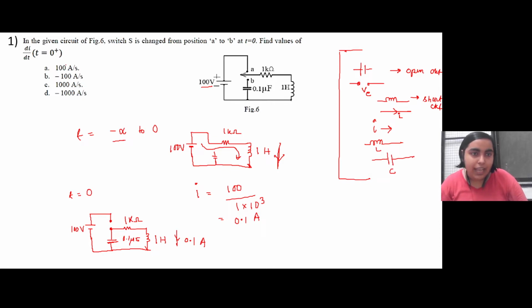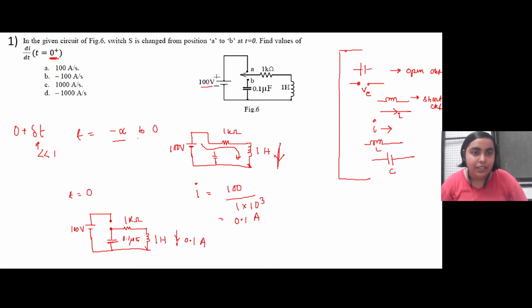So at an instant t equal to 0 plus, that means 0 plus some very small delta t, this change of current across the inductor will not take place, and hence this current will try to flow through the circuit.